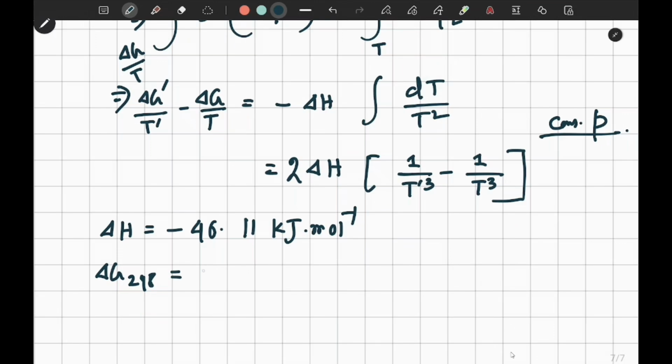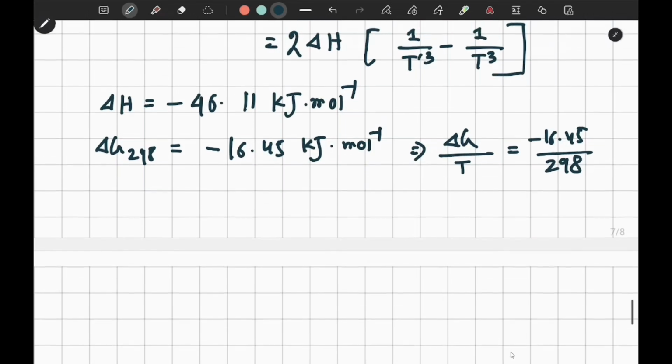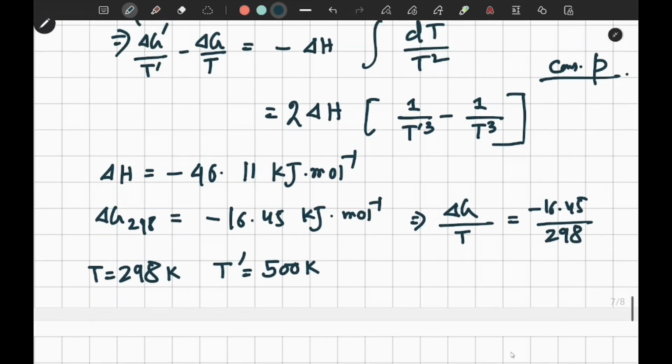So delta G is given as minus 16.45 kilojoule per mole. Therefore delta G by T will be minus 16.45 by 298. So T is 298 and T prime is also asked, that is 500 Kelvin. Just put it in.